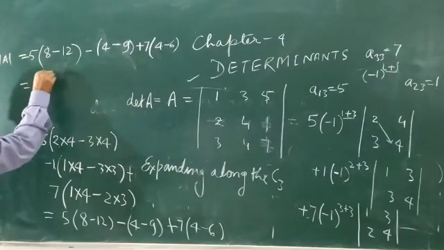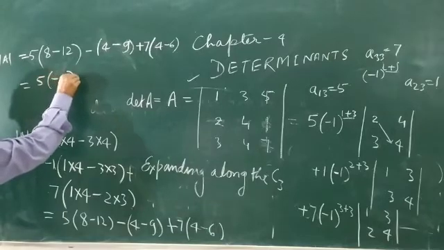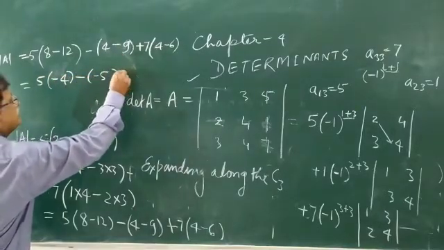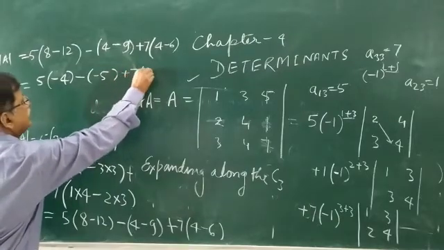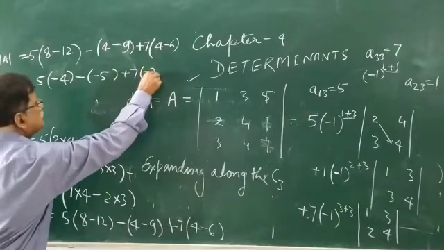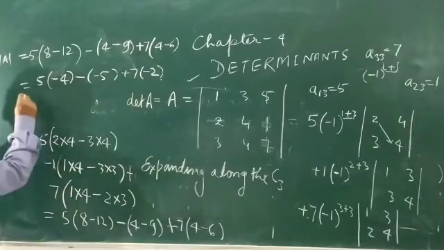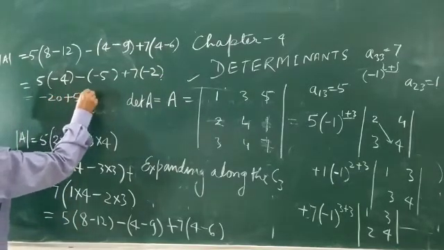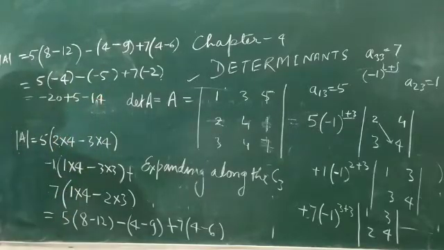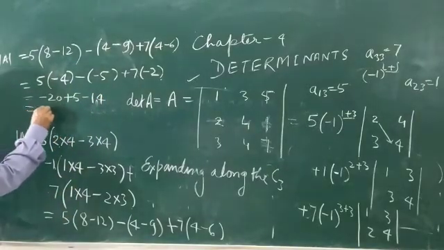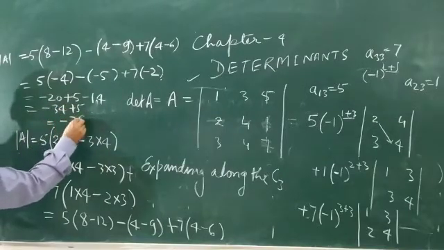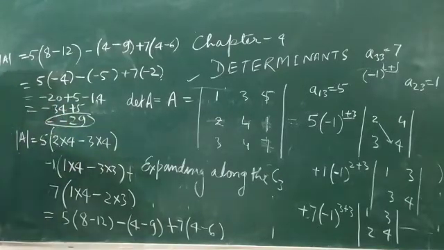So 5 into minus 4, minus 1 into minus 5, plus 7 into minus 2. Just subtract it, solve it, calculate it. So it is minus 20 plus 5 minus 14, so it is minus 34 plus 5. The result is minus 29. So that is the value of the determinant.